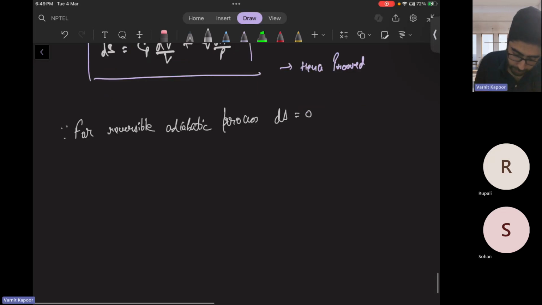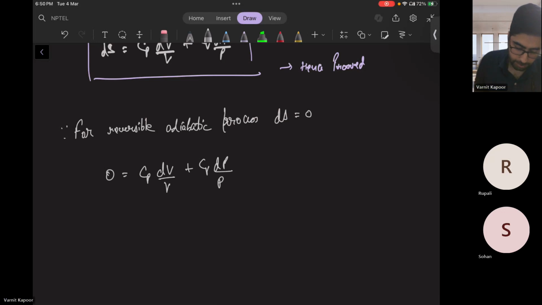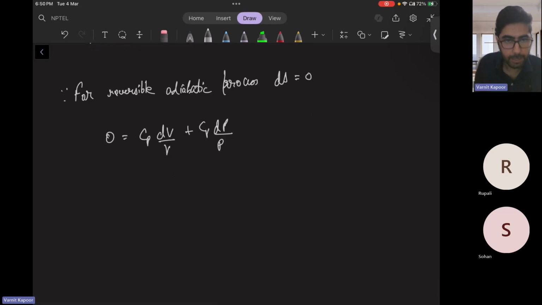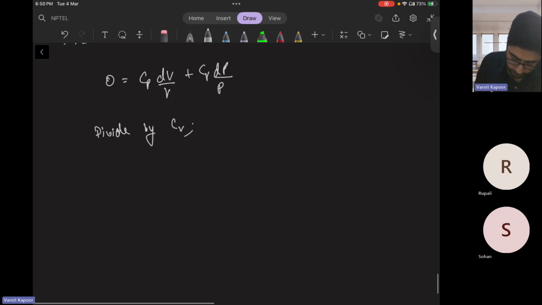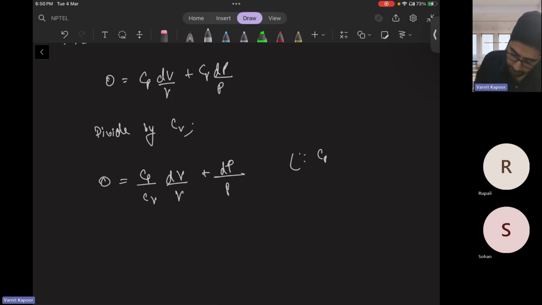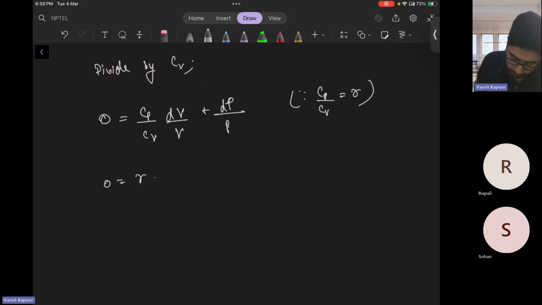So in the above equation put dS is 0: 0 equals Cp dV by V plus Cv dP by P. Divide both sides by Cv. 0 will be 0. Cp by Cv dV by V plus dP by P, since Cv by Cv is 1 only. Cp by Cv is nothing but the adiabatic index, that is gamma. So 0 is equal to gamma times dV by V plus dP by P.